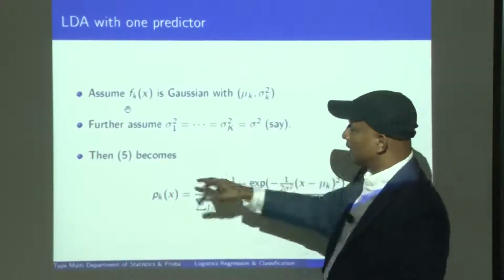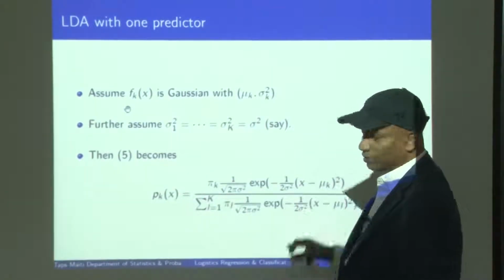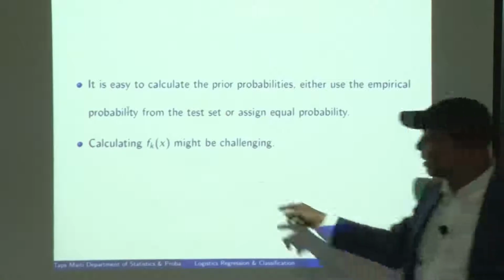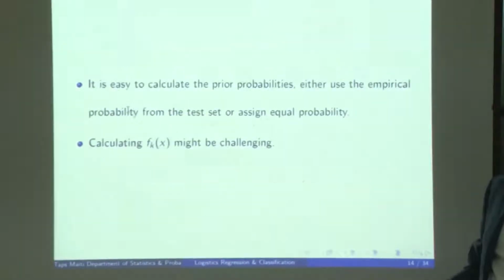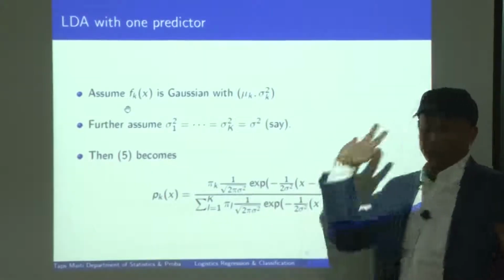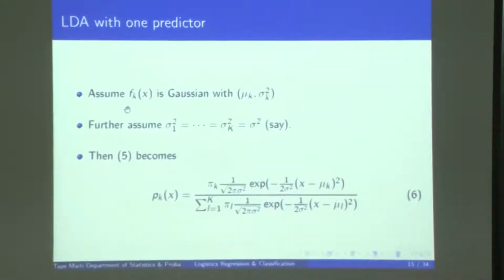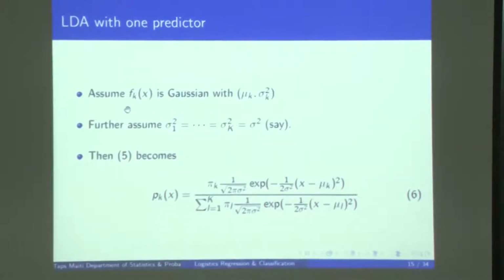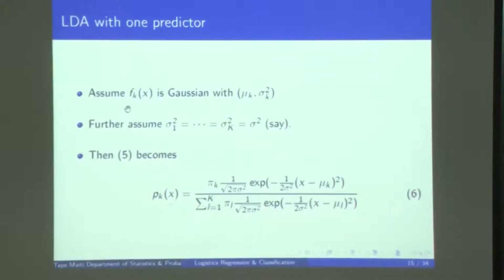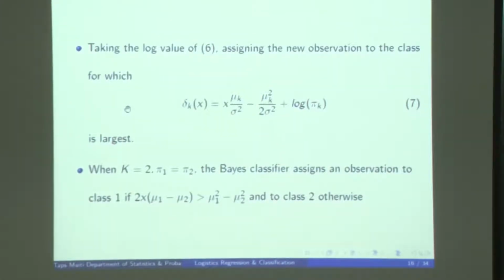If this is the case, then under these Gaussian assumptions, if I plug in the whole thing into the previous Bayes calculation, it becomes like this. Nothing you need to go through in detail, because eventually you'll learn some formula and use some package, but you need to understand what's going on in between.